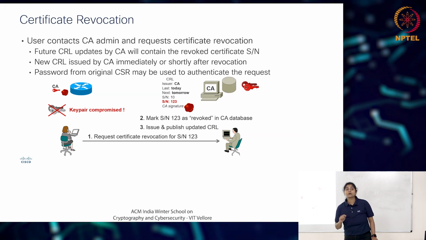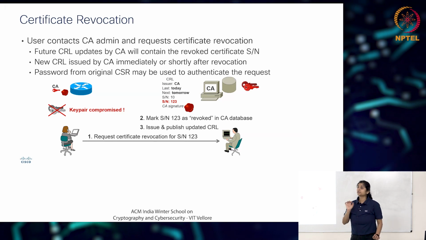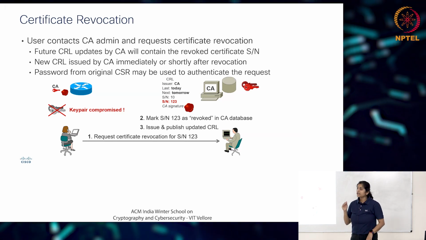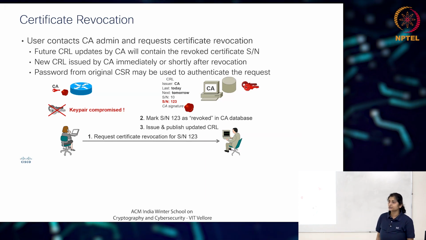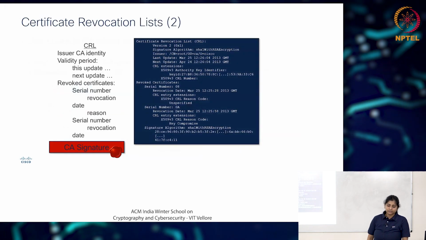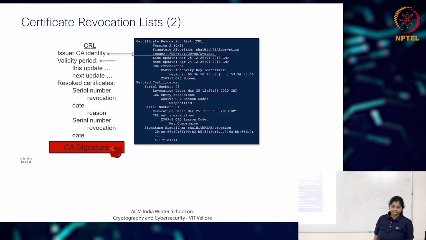So if someone is trying to connect with me after 4 hours, they will still be able to flag this as a legitimate certificate. So there are faster methods to revoke the certificate. We have OCSP and others. So this is how a revocation list works.